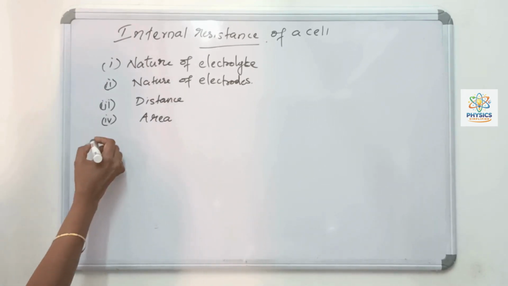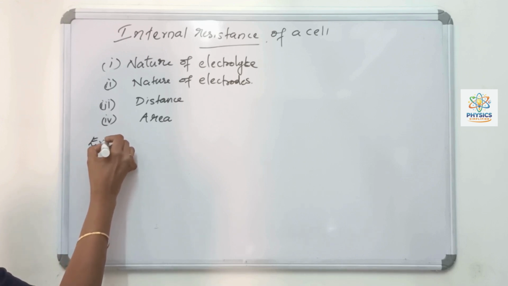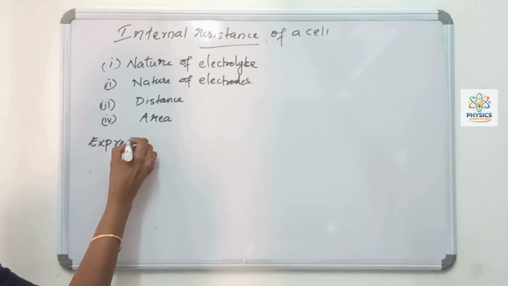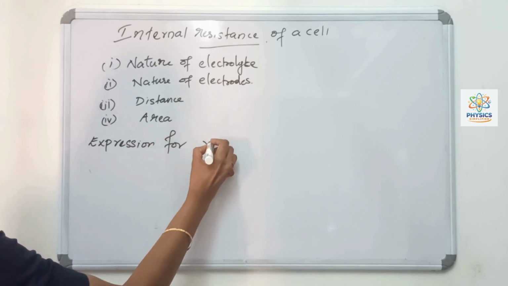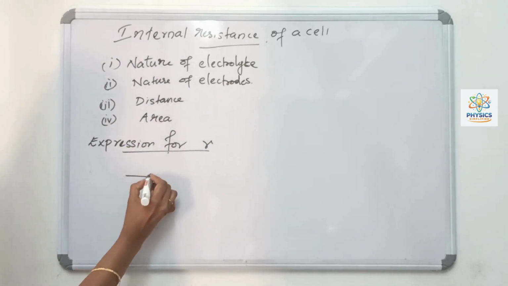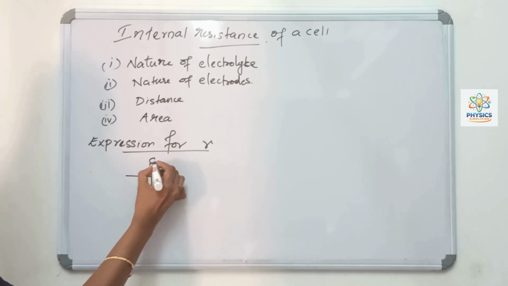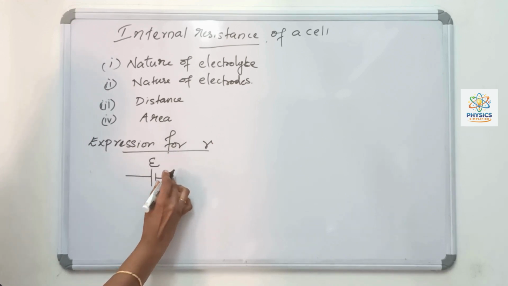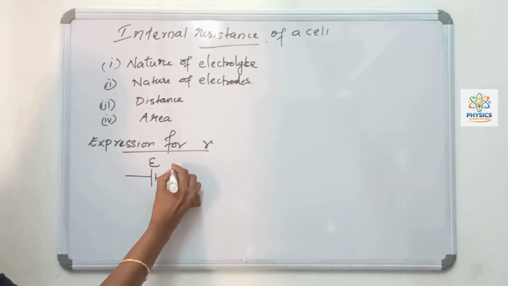So next we have to derive the relation for internal resistance of a cell. So here you just consider a circuit. Here we are considering a cell. The EMF of the cell is E and the cell has a resistance. That resistance is taken as small r.